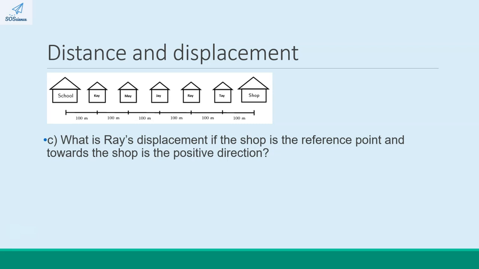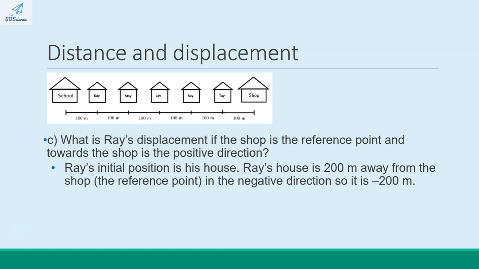but the calculation is going to look different. So in this case, this shop over here is the reference point, and to the right is the positive direction. So now we need to figure out what is our initial position and final position so that we may plug those numbers into our formula.